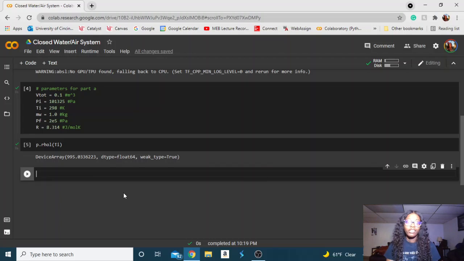And so before we can calculate our final temperature, we need to calculate how many moles are in the container.